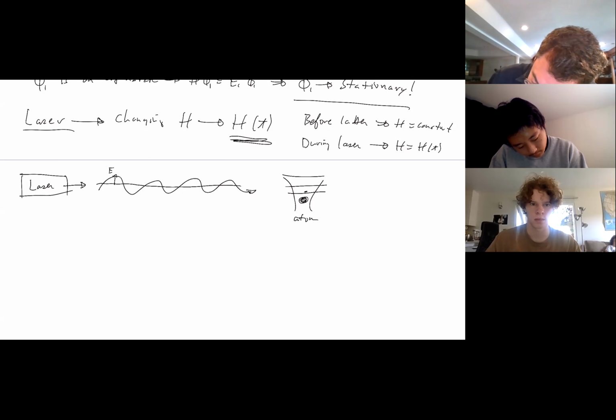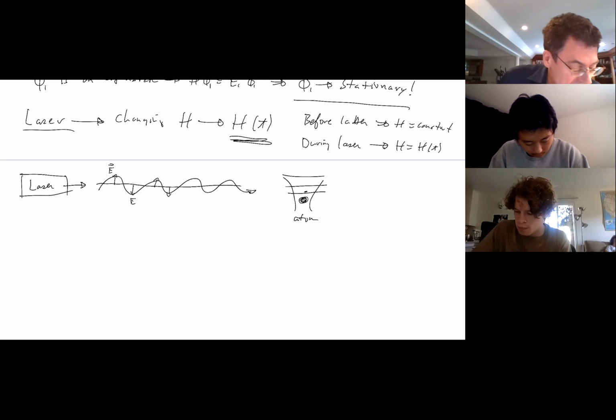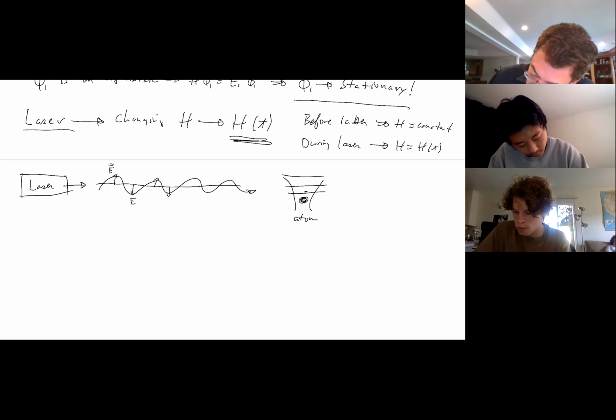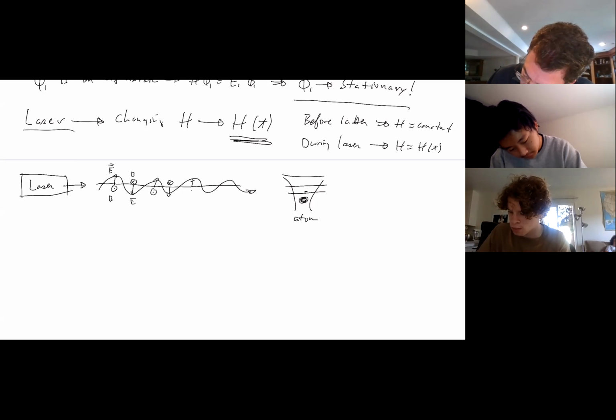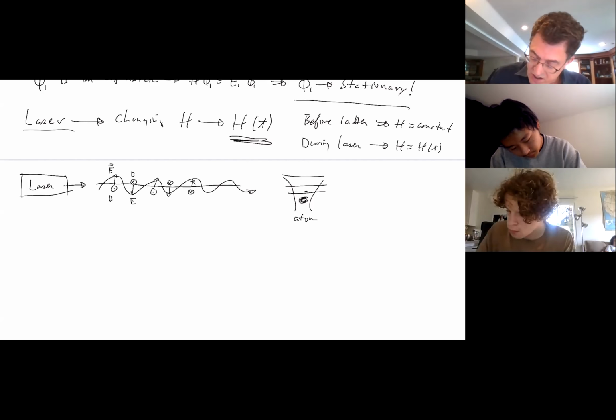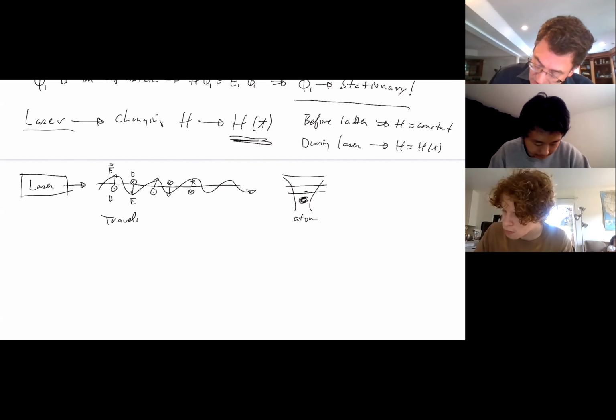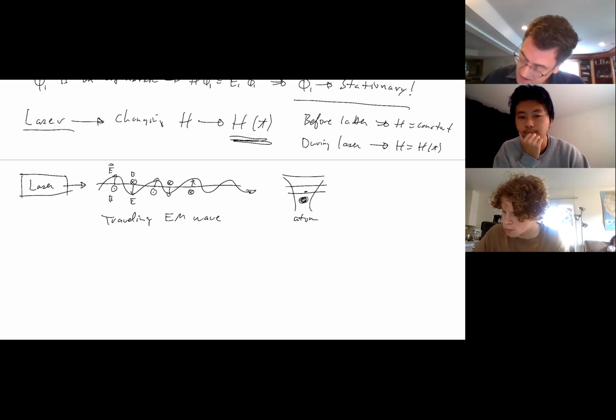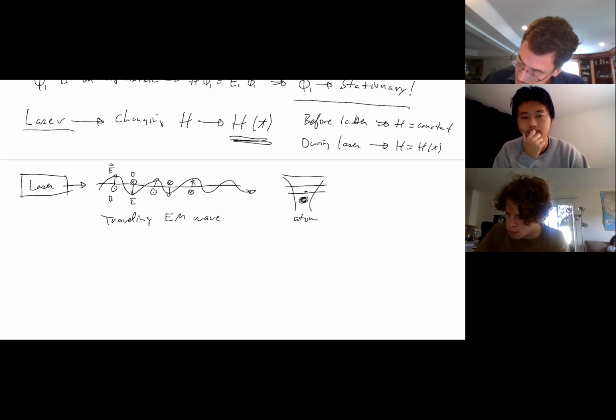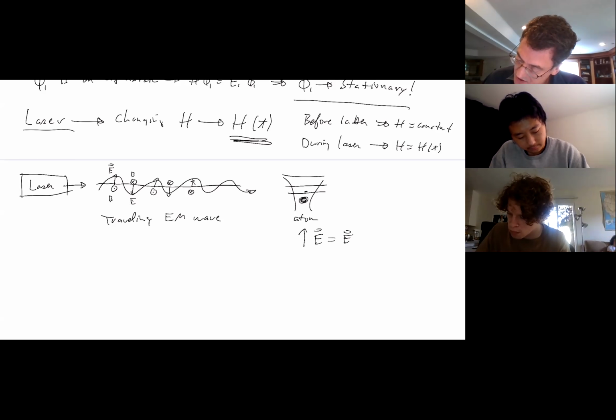I have an electric field here, and here, and here, and here, and I also have a magnetic field, B, and here it's pointing into the board, and here it's coming at you. Okay, so this is a light wave, right? A light wave is this traveling electromagnetic wave. And so you can see that there's an electric field that hits this atom, and the electric field is going to be a function of time.